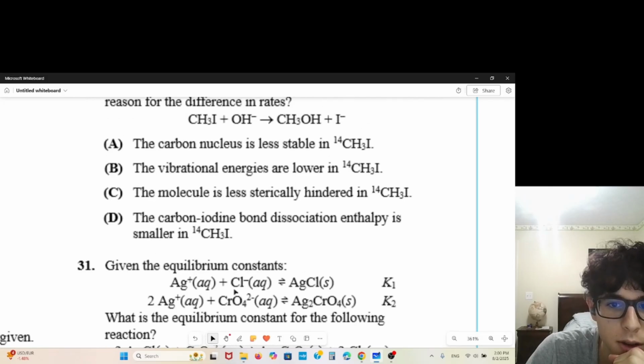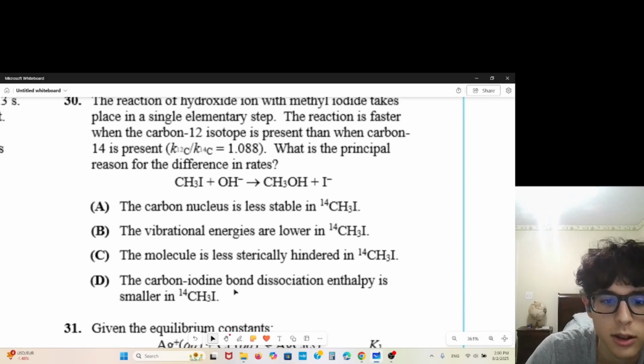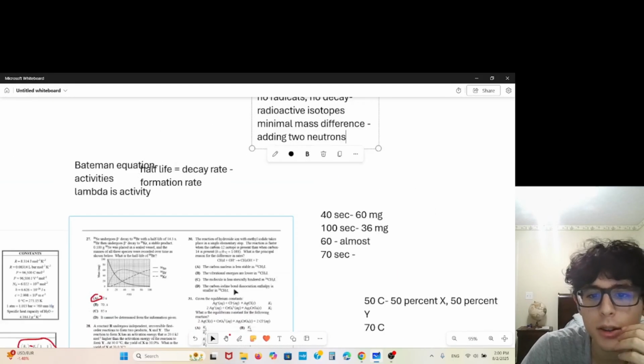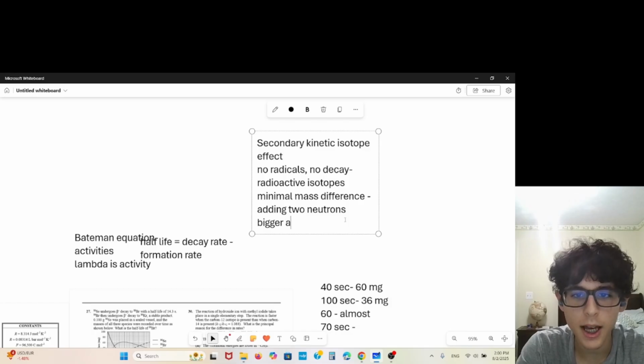Carbon iodine bond dissociation enthalpy. What does that have to do with anything? It's the same atom, just a different isotope. Vibrational energy. So what does this mean? Well, a bigger molecule in general is going to vibrate with lower energies.